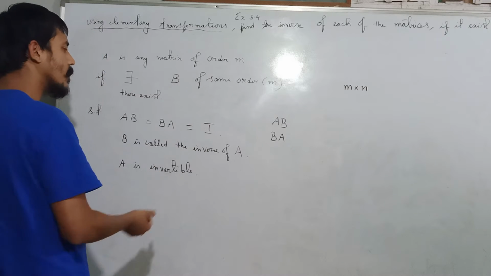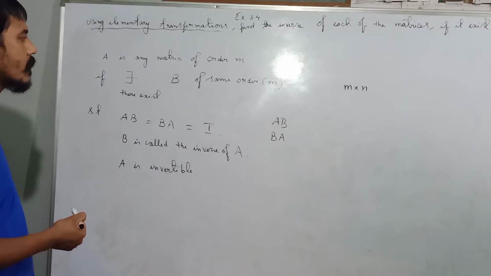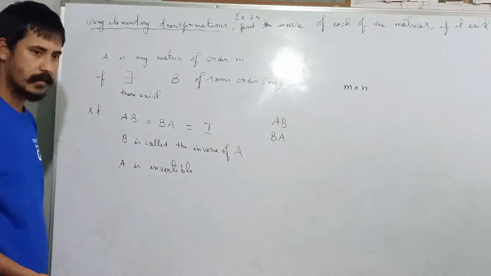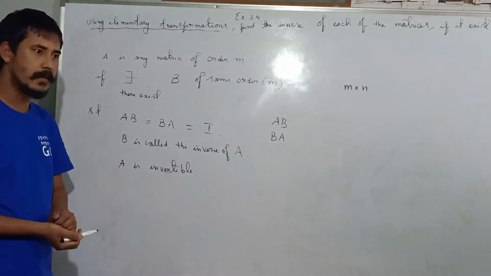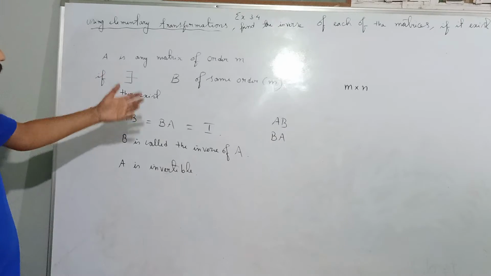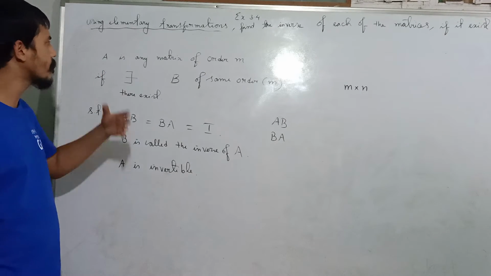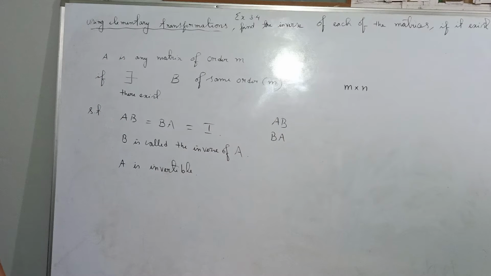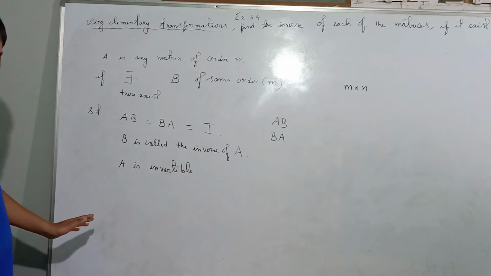For some it may be defined, but in general, A times B or B times A may not be defined. In that case, A cannot be invertible. So for a rectangular matrix, in general, inverse does not exist. For a square matrix, it exists. Are you following that?